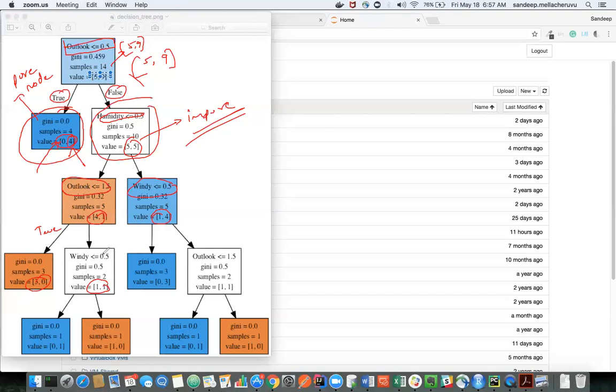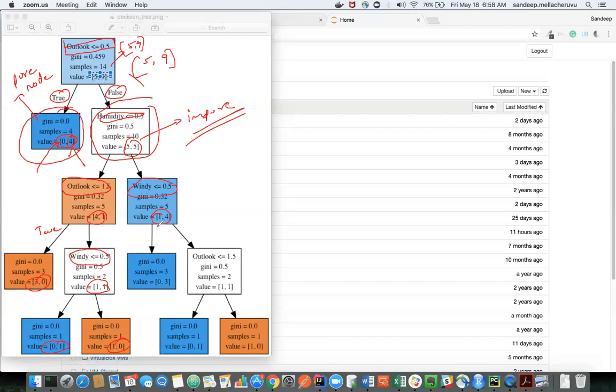Based on some criteria, you again try to split it. In this case, I am trying to split by windy. I get two different branches. The first branch is pure and the second branch is also pure, so I stopped the splitting for these branches.